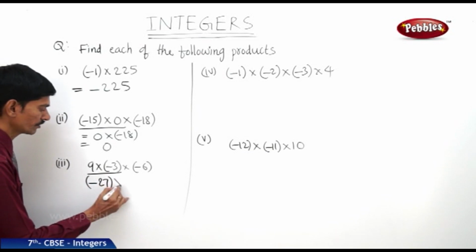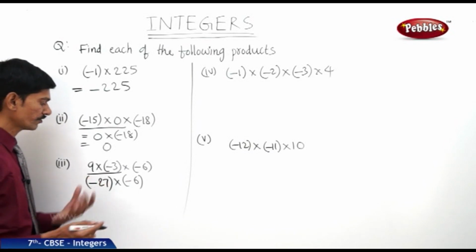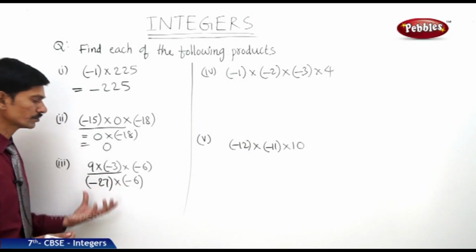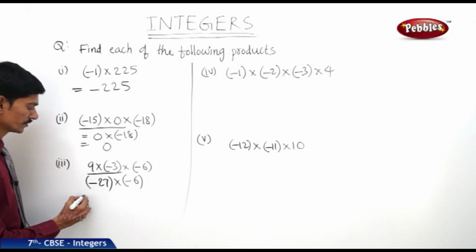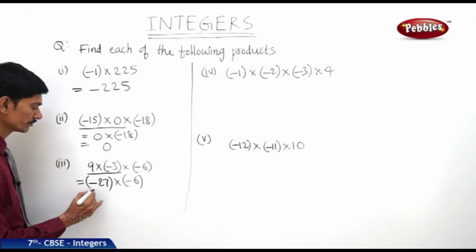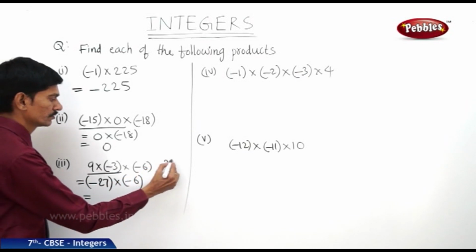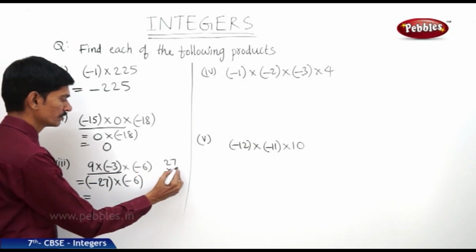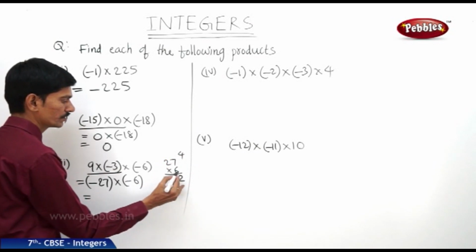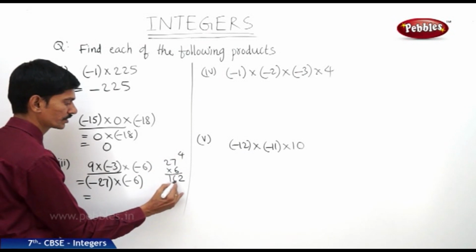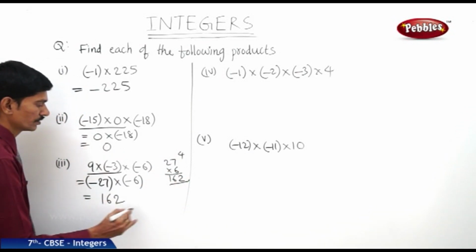Now here minus 27 is multiplied by minus 6. Now this is the case of the product of two negative integers. What is the product of two negative integers? It is a positive integer. So minus into minus is plus, 27 is multiplied by 6. 6 7s are 42, and 6 2s are 12, plus 4 is 16. So this is positive 162.